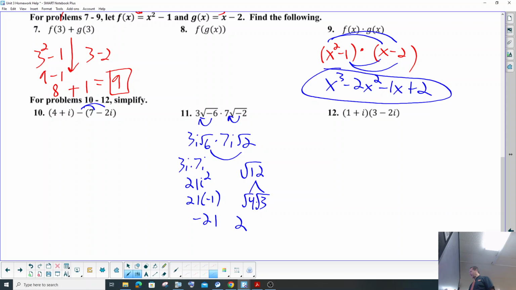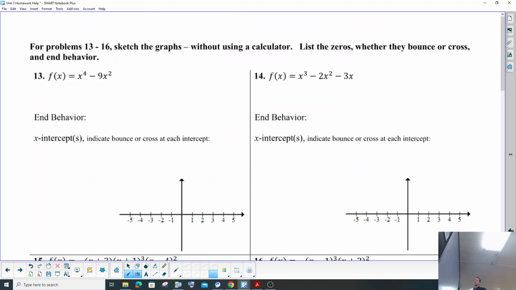And so then we get negative 21 times 2 times radical 3, which is negative 42 radical 3. Nice. That was a toughie. Don't forget, i times i is i squared, which becomes a negative 1. Seashell it. So number 13, we're going to remind you how to graph, and then we'll do inequalities.